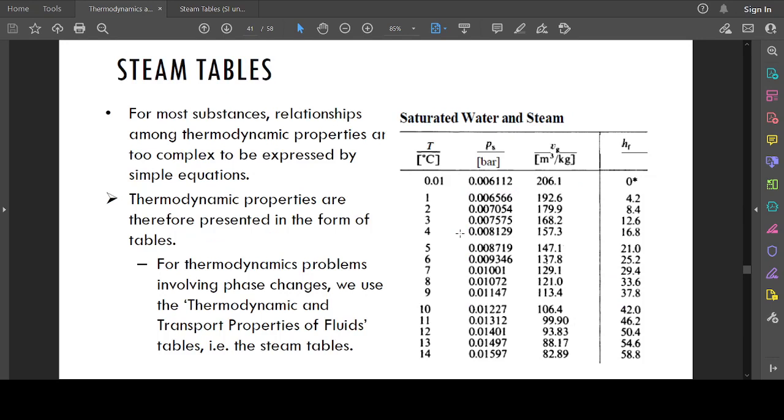So as shown on the property table, this is an extract from the steam table. You find out that at 1 degree Celsius, the saturation pressure is equivalent to 0.006566 bar, same as the saturation specific volume of the gas. The Vg here refers to steam.